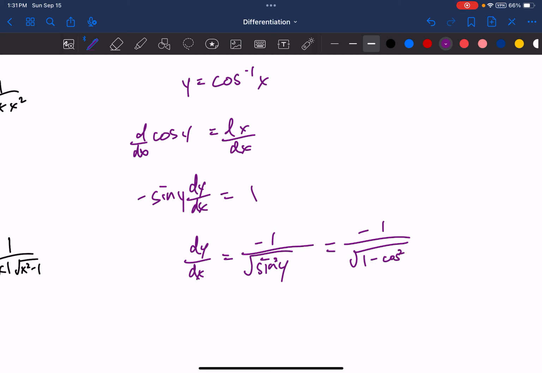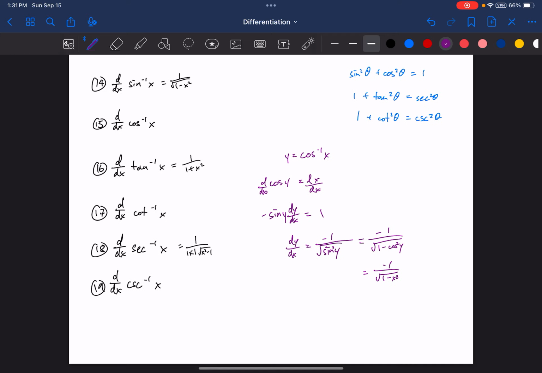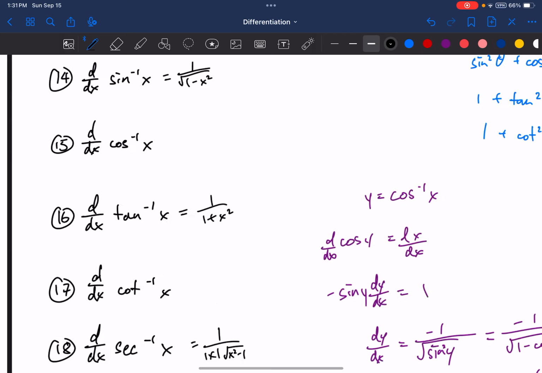It'll look something like this. And then cosine y is just x, so I can just do 1 minus x squared. And I'll just write this back at the top.